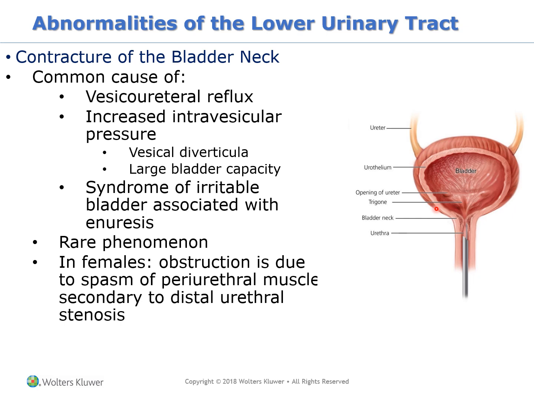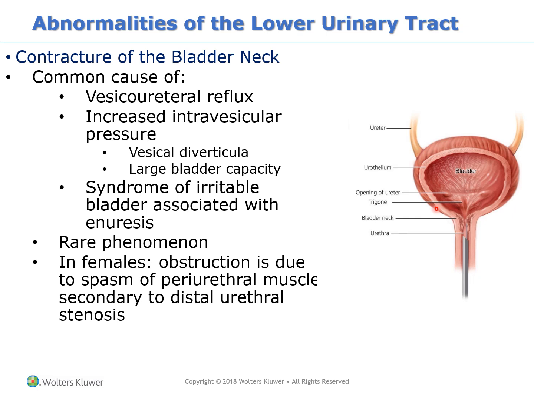If that urine is staying there for long periods of time, remember that puts you at higher risk for cystitis and infection and stones and all of those things that are associated with stasis. There's a syndrome of irritable bladder associated with enuresis or painful urination, and that can be because of spasms or contracture at that bladder neck.